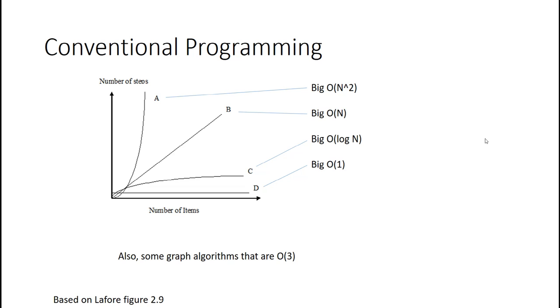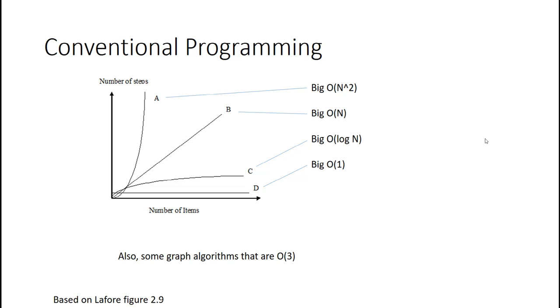So you might remember this diagram. We hit this pretty early in the course. It's based on LaFleur figure 2.9. And basically, we want to decide which of these sorts of beasts we have. Do we have something that's constant, like line D? Do we have something that's a log n, like line C? Those are both pretty good. Linear isn't too bad, but it's a different beast. And of course, n squared is another big beast.